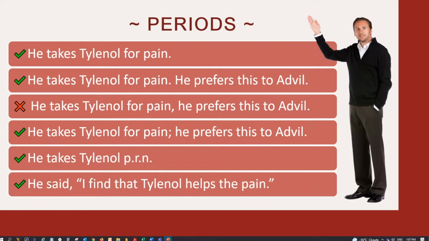And then if your sentence ends in a quote, the other really common error that I'll see is that people want to put the period after the quotation marks. So if your sentence ends in a quote, tuck that period inside your quotation marks. Okay, so this is just a quick review of what we learned about periods.